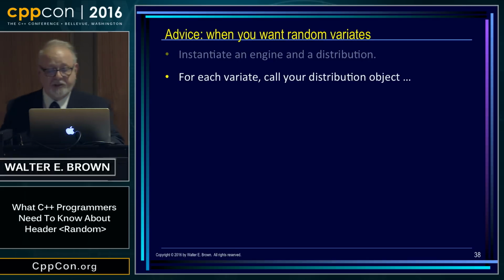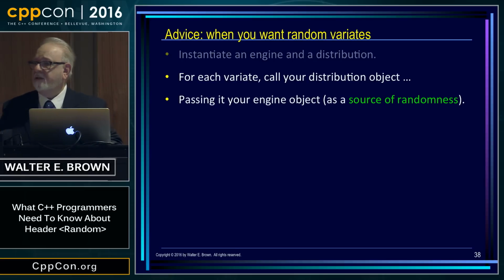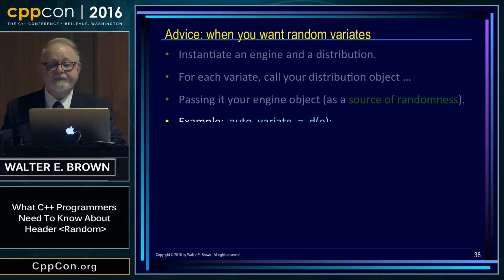And then for each variate that you want, you call the distribution object and you pass it the engine object so that the distribution can use that engine as a source of randomness. And the canonical example is, declare auto variate equals d of e. Okay? And it's really that simple. And for an incredibly large number of applications, it suffices to have one engine and one distribution.